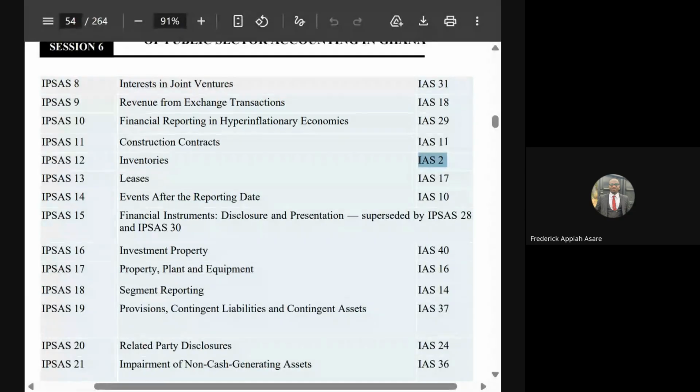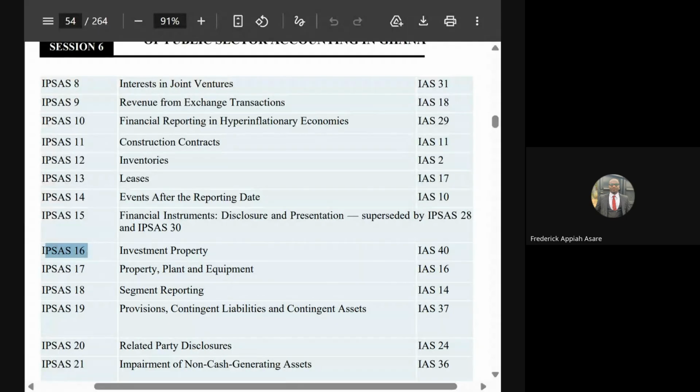It is no more IAS 17, it is IFRS 16. We have IPSAS 14, events after reporting, IAS 10. IPSAS 15, financial instruments disclosure, is supposed to be IFRS 9, disclosure of financial instruments.